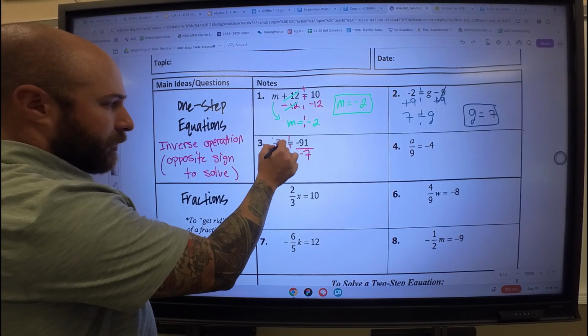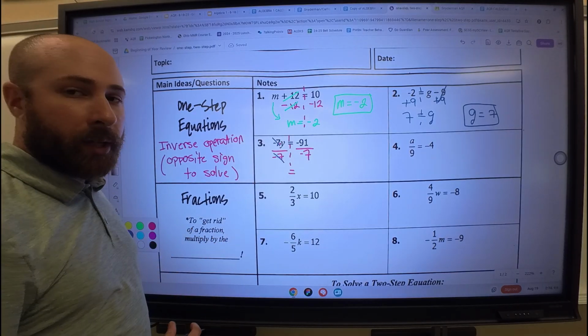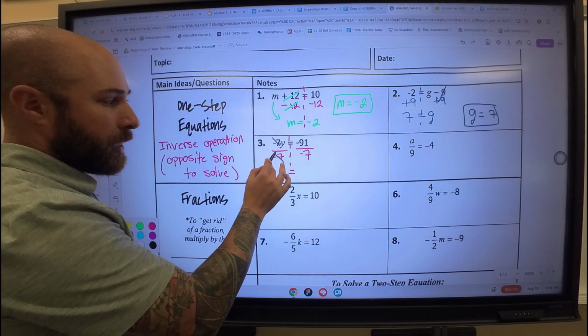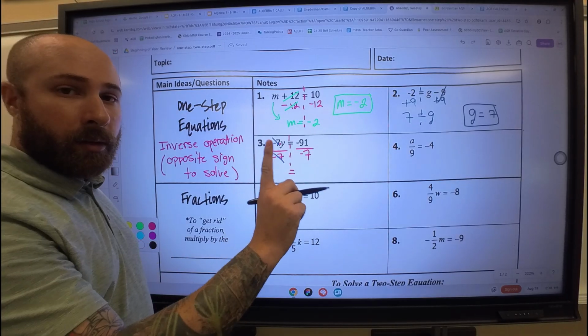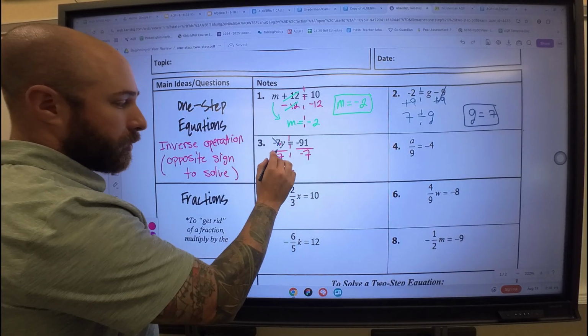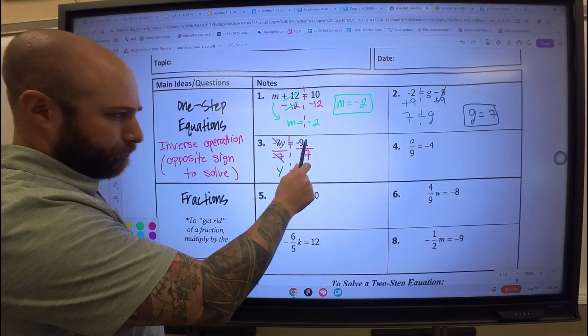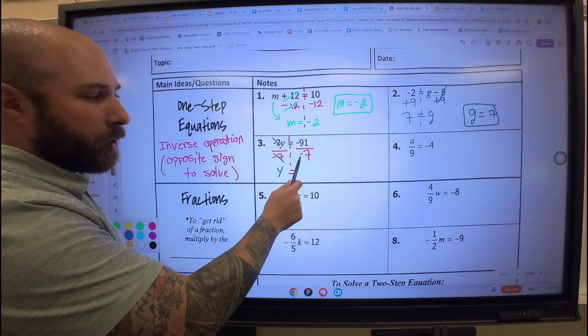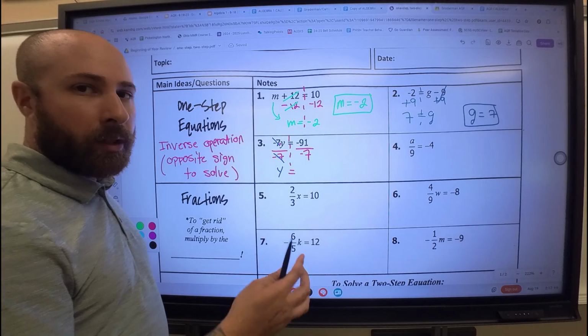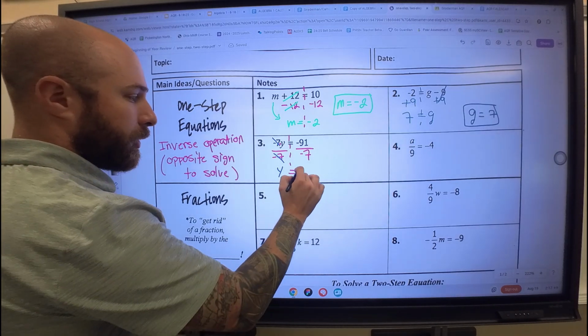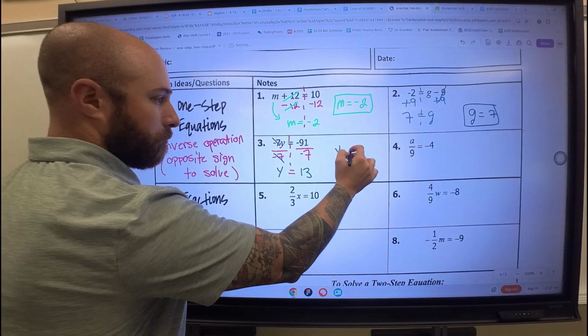And that cancels out the negative 7's on the left-hand side because negative 7 divided by negative 7 gives us 1. And that's why they cancel out. And then on the right-hand side, we have negative 91 divided by negative 7. You can use a calculator to do that math for you to give you 13.